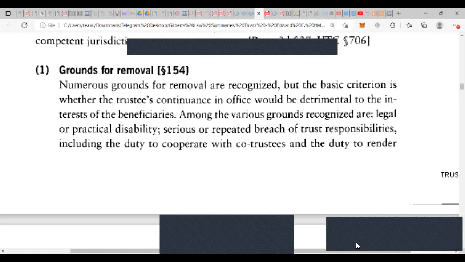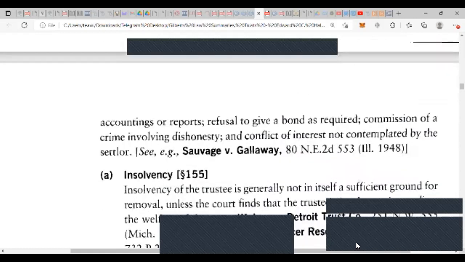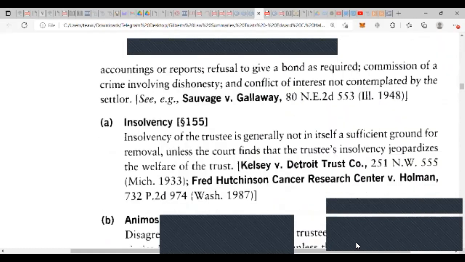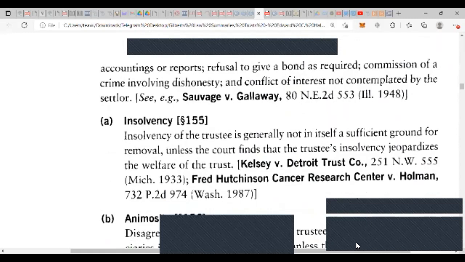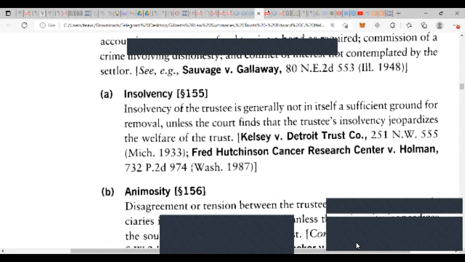Among the various grounds recognized are legal or practical disability, serious or repeated breach of trust responsibilities, including the duty to cooperate with co-trustees and the duty to render accountings or reports, refusal to give a bond as required, commission of a crime involving dishonesty, and conflict of interest not contemplated by the settlor. See Savage versus Galloway, 1948.